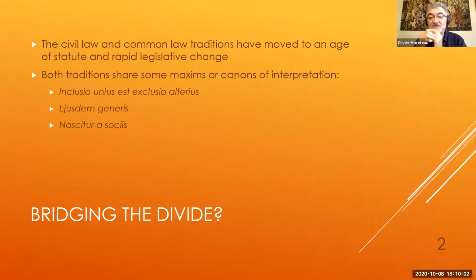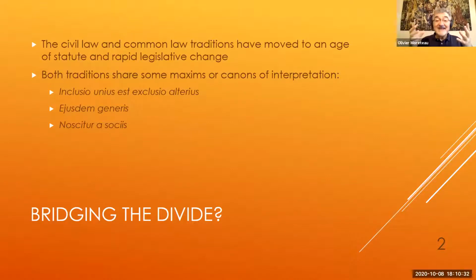You tend to define an ambiguous term by reference to those that resemble and may be found in other parts of the statute. We prefer to say in pari materia in the civil law world, but that's the same idea, okay? So yes, you have a number of tools. You know, you'll find hammers and screwdrivers in the common law toolbox and in the civil law toolbox.